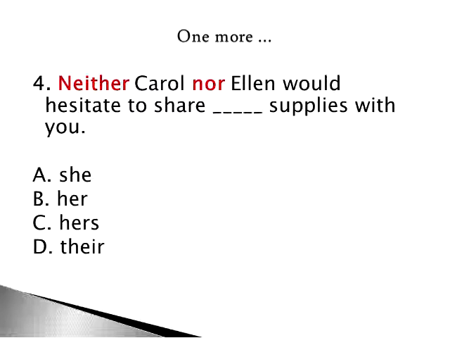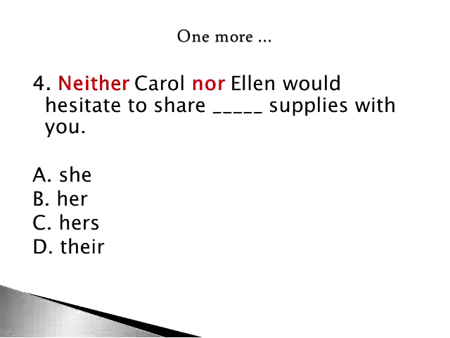Neither Carol nor Ellen would hesitate to share. We're using neither. Her. Yes. Neither, either, anybody, anyone, those are always going to be singular. Okay? So that one is going to be her.